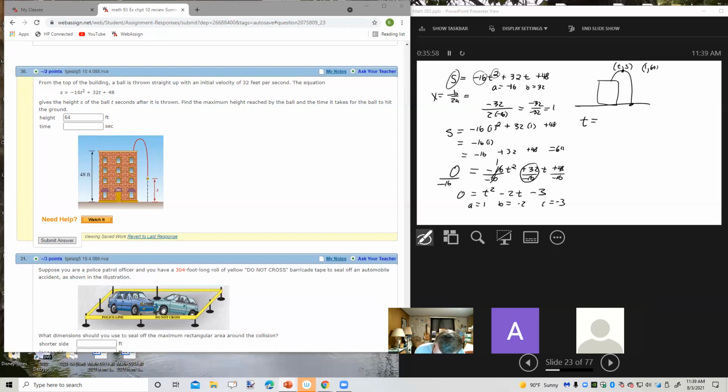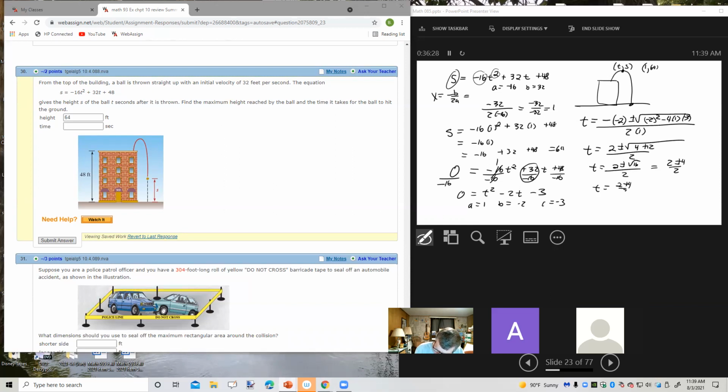Plugging that into the quadratic formula, negative b plus or minus the square root of b squared minus 4ac, all over 2a. t equals 2 plus or minus the square root of 4 plus 12, over 2. t equals 2 plus or minus the square root of 16, over 2, which is 2 plus or minus 4 over 2.